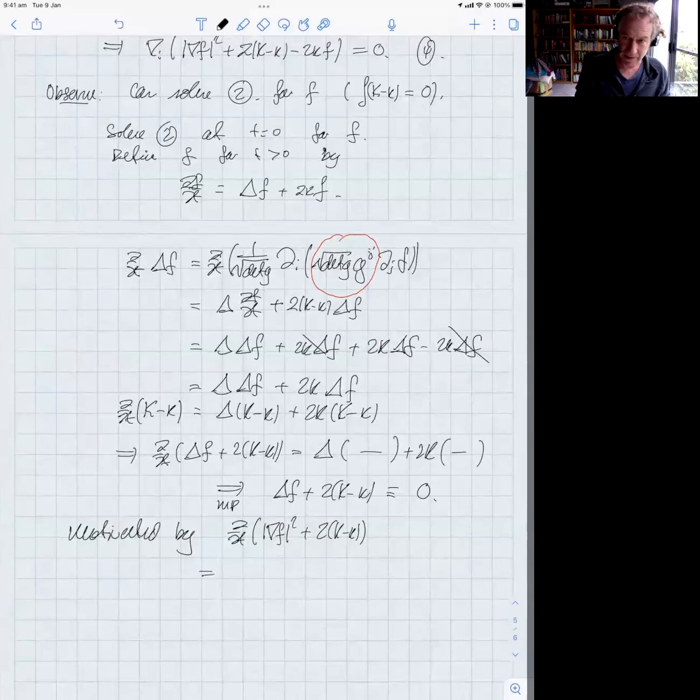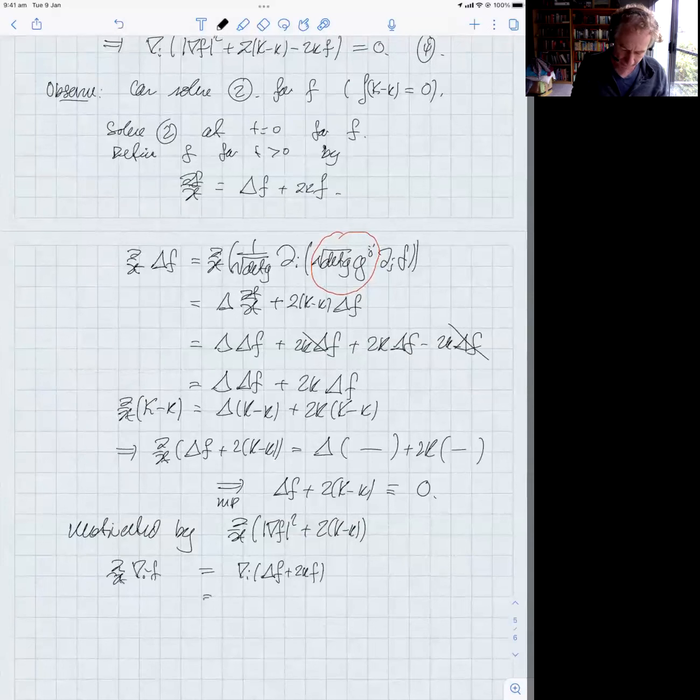So first of all, let's do the first derivative, d/dt of gradient i f. Okay, so it's just a coordinate derivative when working in local coordinates. So this will be gradient i of (Laplace f plus 2 kappa f). That's our d/dt of f. Then I have to commute the derivative past the Laplacian.